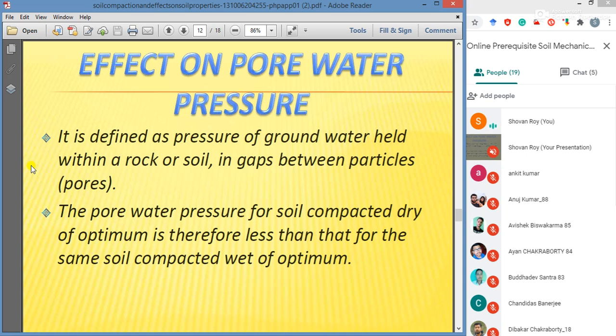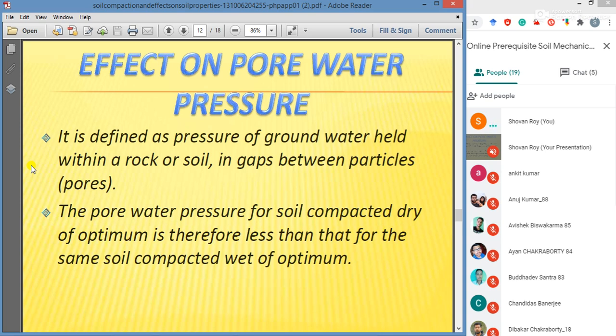However, at higher strain both samples exhibit the same pore pressure. Again, a saturated sample of clay compacted dry of optimum tends to develop substantially lower pore pressure at low strain in an undrained shear test.